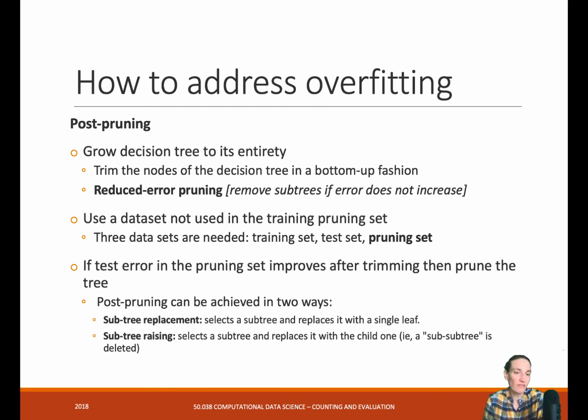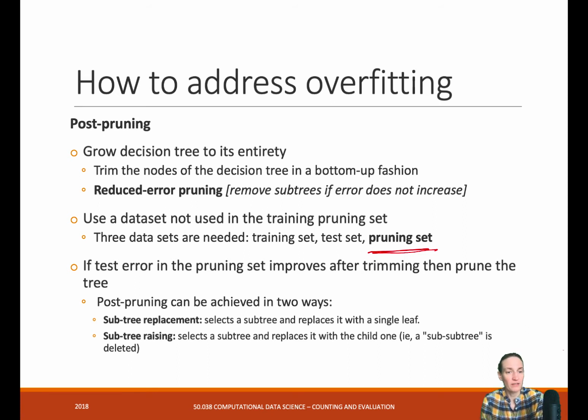This is usually an effective approach if there's a lot of data available. You can also use a data set not used in the training set, which we refer to as a pruning set, to make sure that your performance stays accurate while you're removing subtrees.